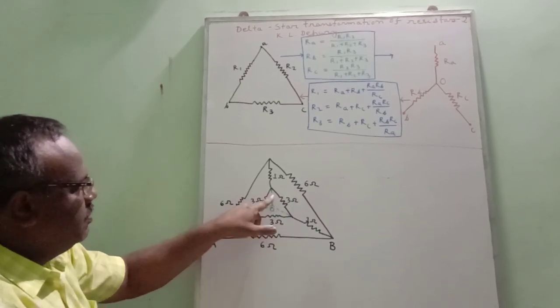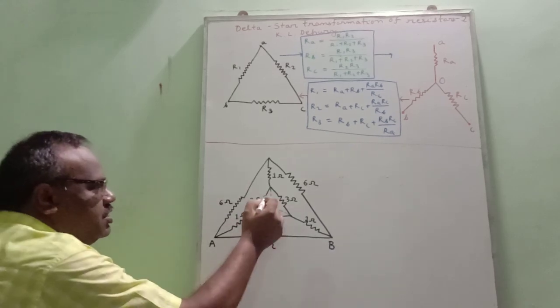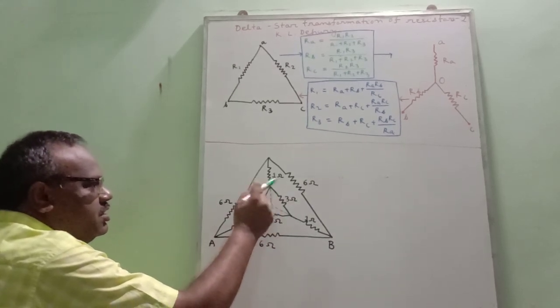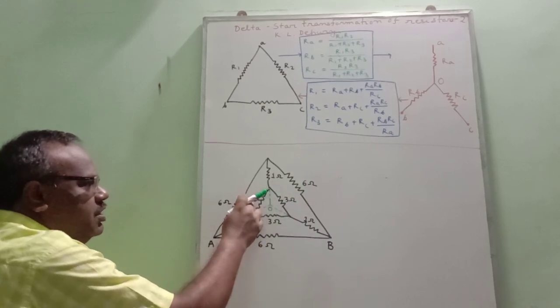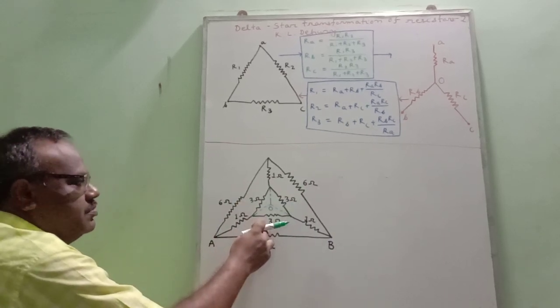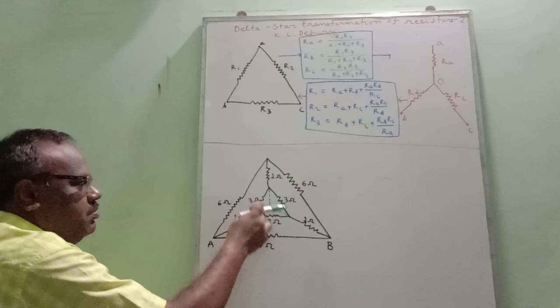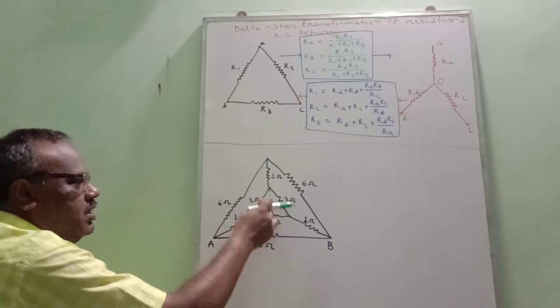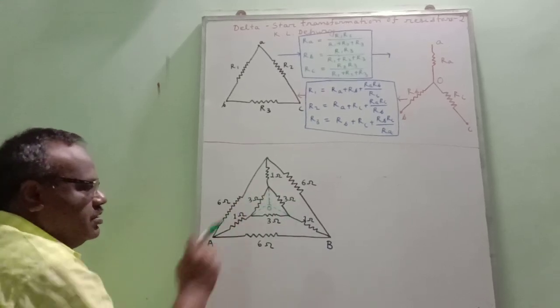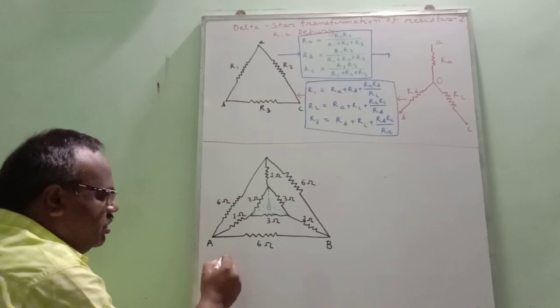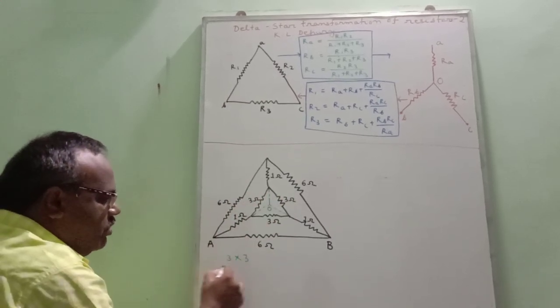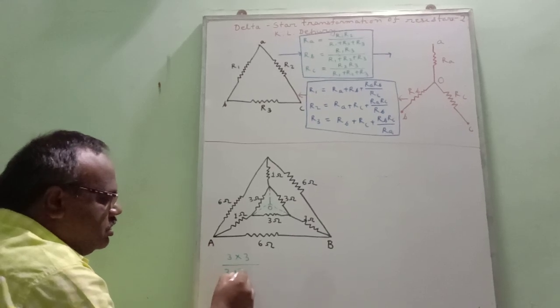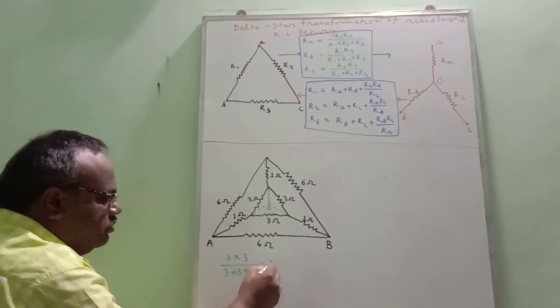So when you transfer this resistance, that is the product of these two divided by this plus this plus this. So if you are taking 3 into 3 divided by 3 plus 3 plus 3, it is 1.